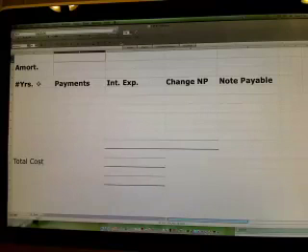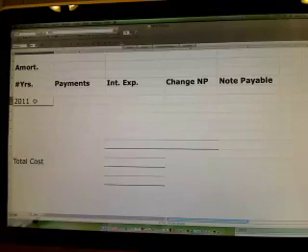I have my columns for the number of years, payments, interest expense, the change on the note or principal, and the note payable. Now over here in your years, like we stated, we have 5 years, so I want you to put in your 5 years.